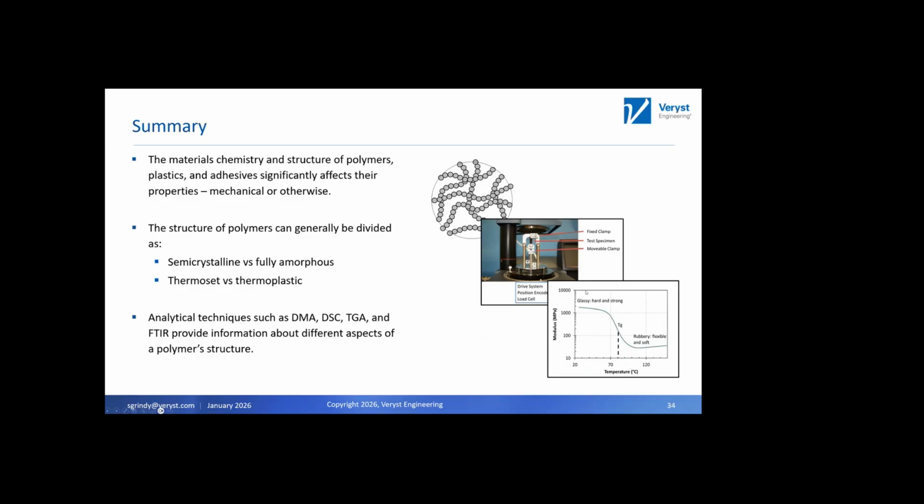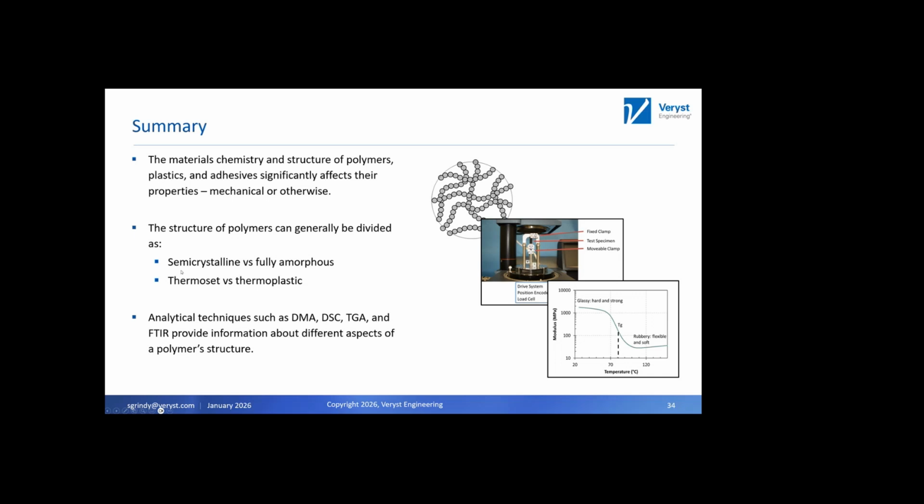And so now we've reached the end of the techniques that we wanted to talk about. Just to reflect on what we've discussed today, primarily, especially at the start, we talked about the chemistry and structure of polymers, plastics, and adhesives. I hope you have some more understanding of the different categories and how they're correlated with some of the functional, especially mechanical properties of materials, as well as technical processing conditions.